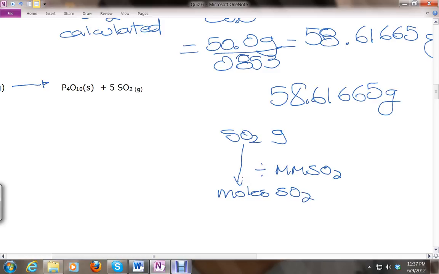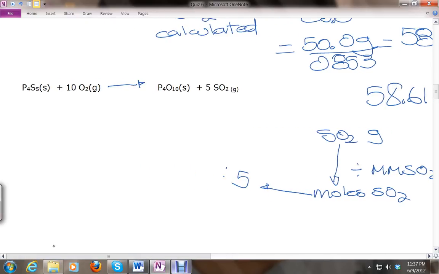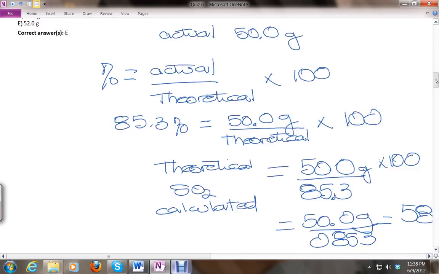Then we do the mole ratio, 5 to 1. We get the moles of P4S5, and they're asking for the grams, if I remember well. Yeah.